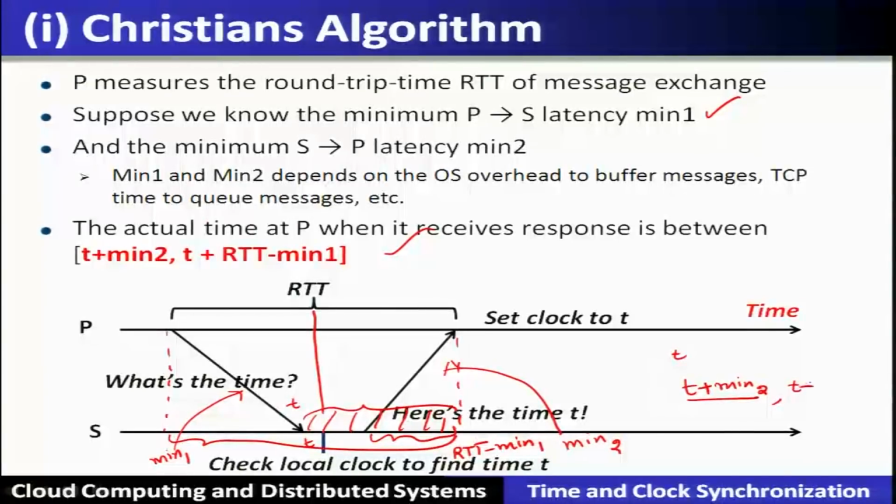So that will be T plus RTT minus min 1. This is the bound, that means the inaccuracies. So the actual time at P when it receives the response falls between the minimum T plus min 2 and the maximum upper bounded by T plus RTT minus min 1.